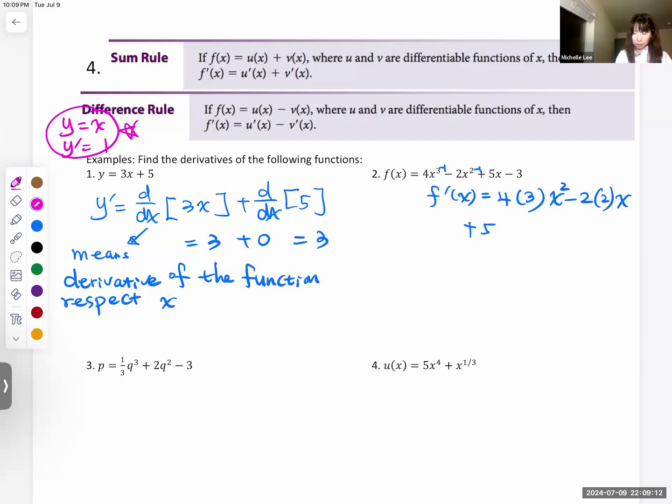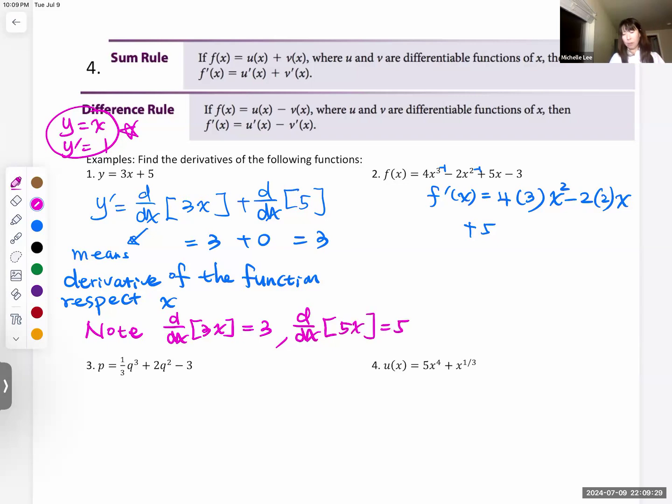Let me write down a note. The derivative of 3x equals 3, and the derivative of 5x equals 5. Because the derivative of x equals 1, right, by using the power rule.